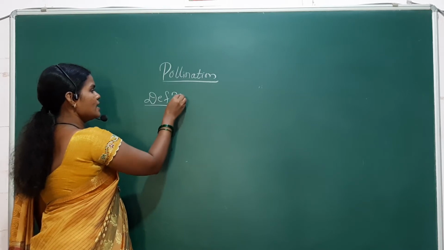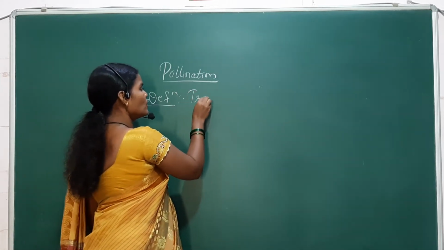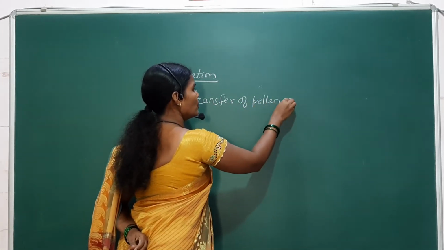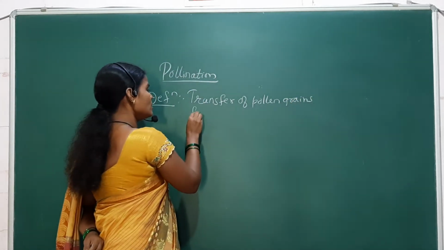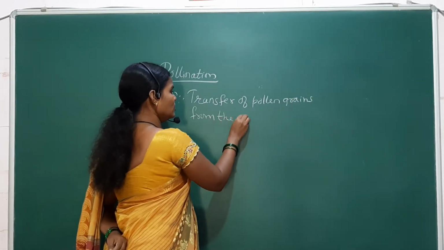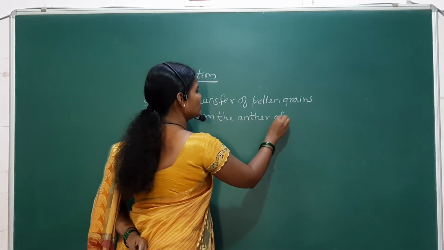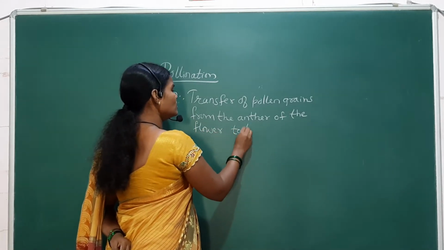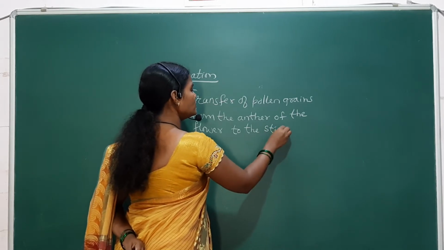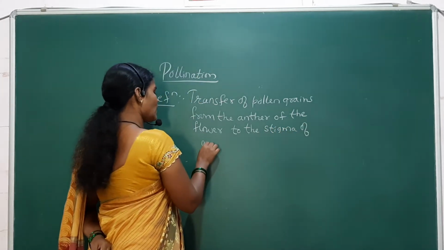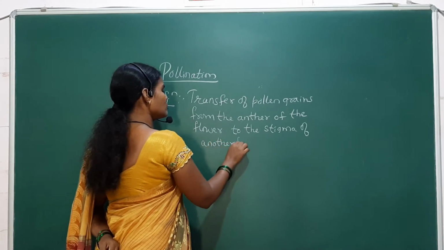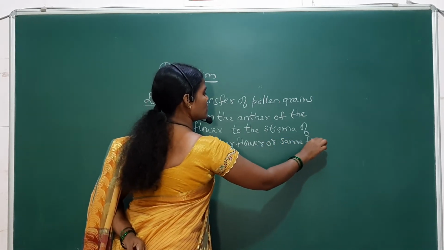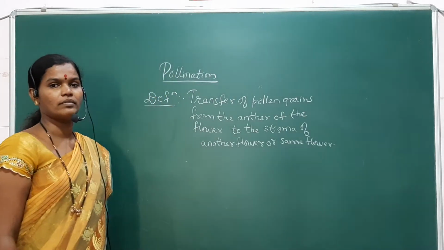The definition says that it is the transfer of pollen grains from the anther of the flower to the stigma of another flower or the same flower.